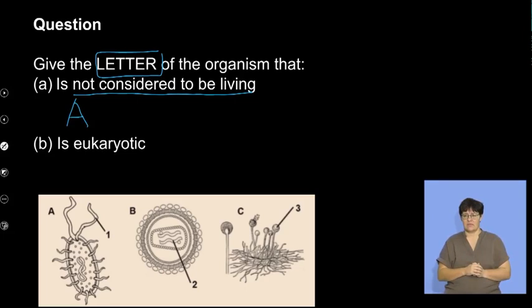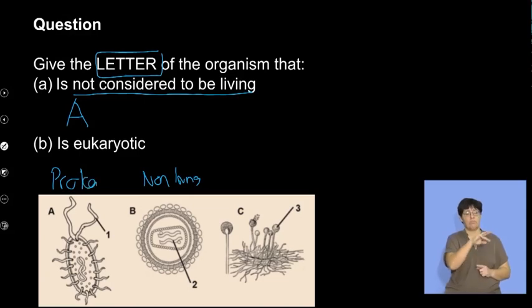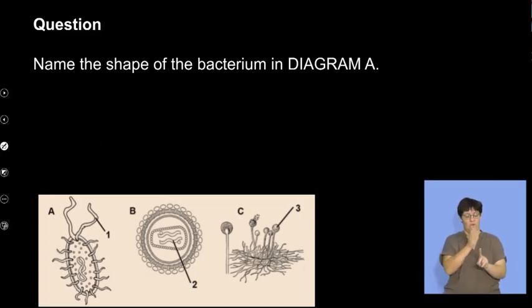Is eukaryotic. Now, if we have a look, this is non-living, so it's not a cell. Bacteria are prokaryotic, which only leaves us with C. Fungi are eukaryotic, so that is by a process of elimination.